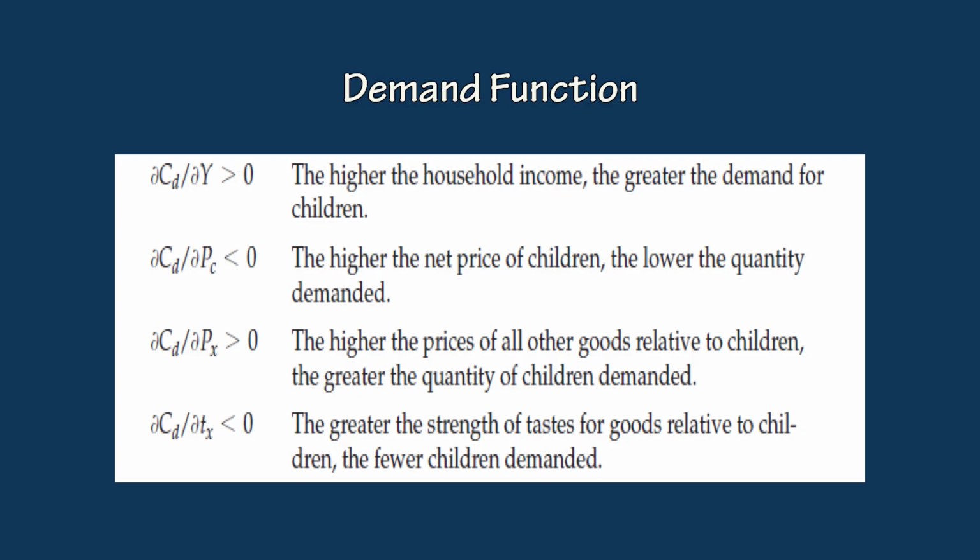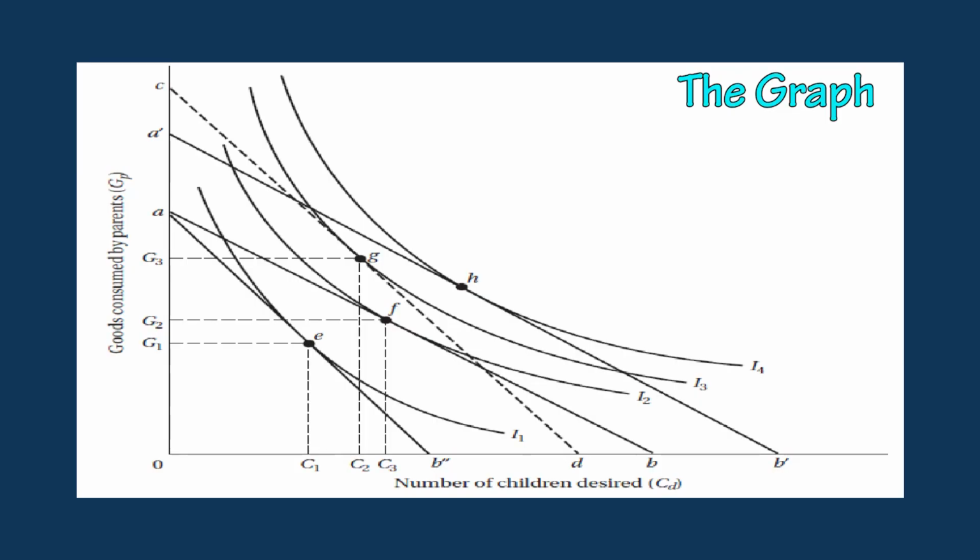So now here is the main graph for the model of fertility choice. Let us focus on this diagram. You can observe that this diagram is similar to the earlier diagram of consumer equilibrium. Here there is an indifference map and there are budget lines. If you focus at point G, you can observe that an equilibrium is happening at point G, and at point F also.